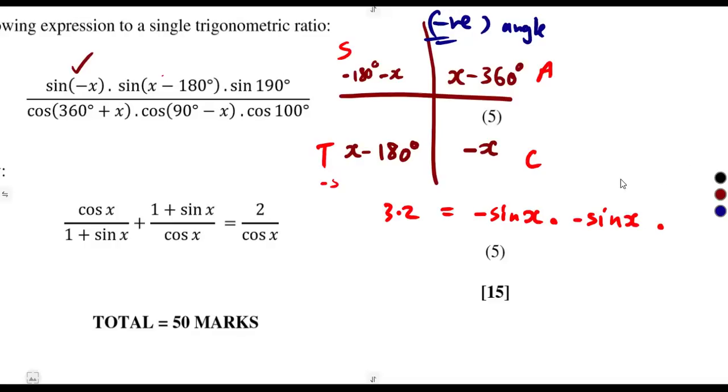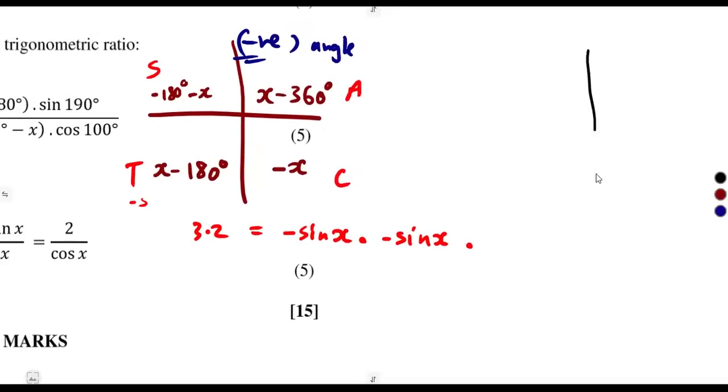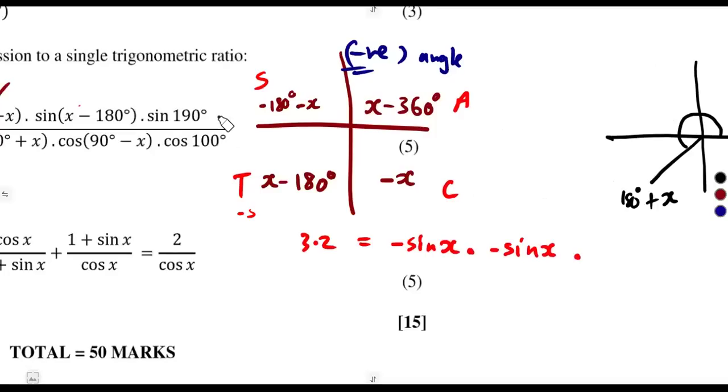190, where do we expect to have 190? As a positive angle, 190 degrees is more than 180, in the third quadrant. So remember, in the third quadrant as positive angles, this is 180 plus x. To get 190, it's 180 plus 10.